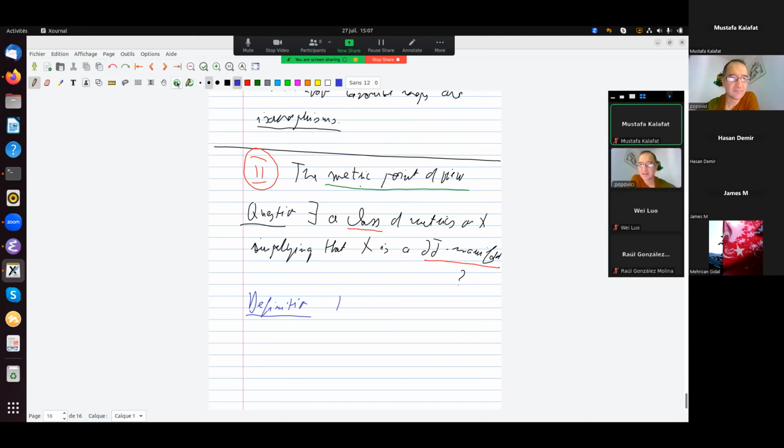So let X be a compact complex manifold. It doesn't have to be compact. Let X be a complex manifold. Let us denote by n its complex dimension. And now, what is a Hermitian metric? A Hermitian metric on X is the following data.